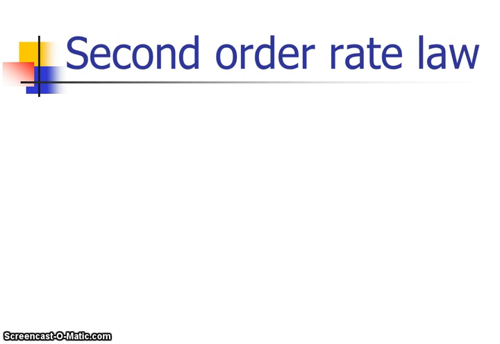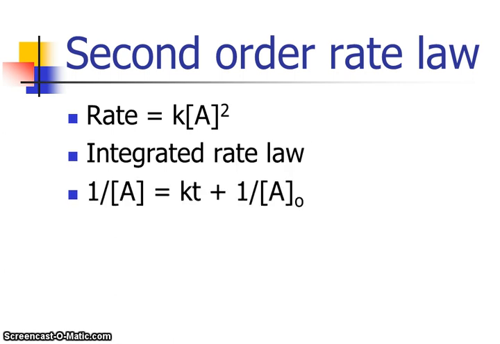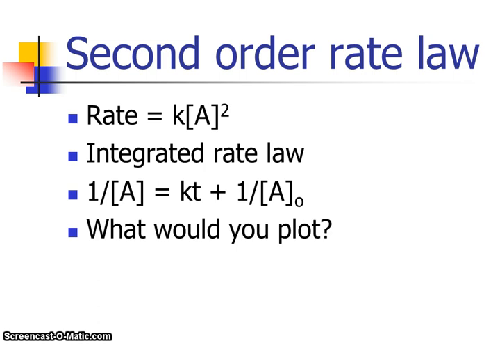So let's say we want to look at a second-order rate law. Well, we know that when we look at our differential rate law, we've got rate equals K times the concentration of A to the second, and that's where we're dealing with concentration and rate. But let's say that we're told that the integrated rate law equation is the inverse of the concentration of A after a period of time equals KT plus the inverse of the initial concentration of A. Well, that kind of looks like y equals mx plus b.